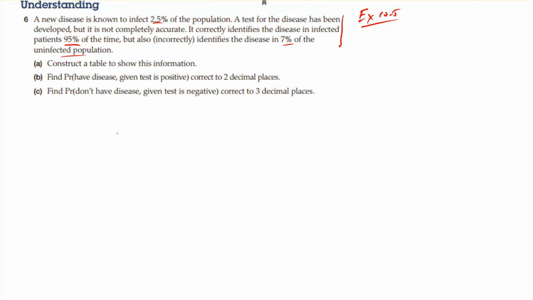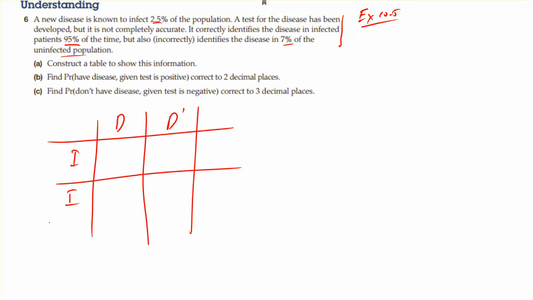So we've got a two-way table where you can either have the disease or not, and you can either be infected or not infected. I'm going to draw a two-way table because this is always the start. I know the probability overall is 1.